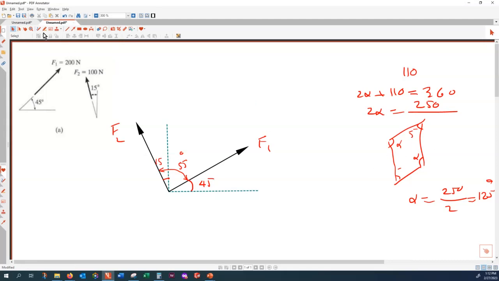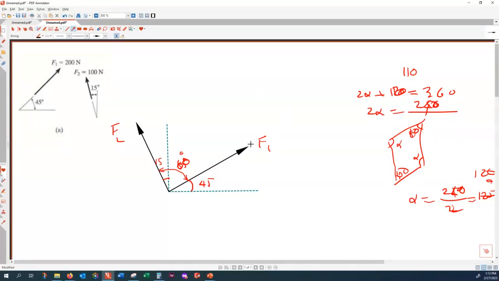Okay, so this is 60. This is 60. That is 120. So that makes 240. 240 divided by 2, that is 120. So 120 is this angle.